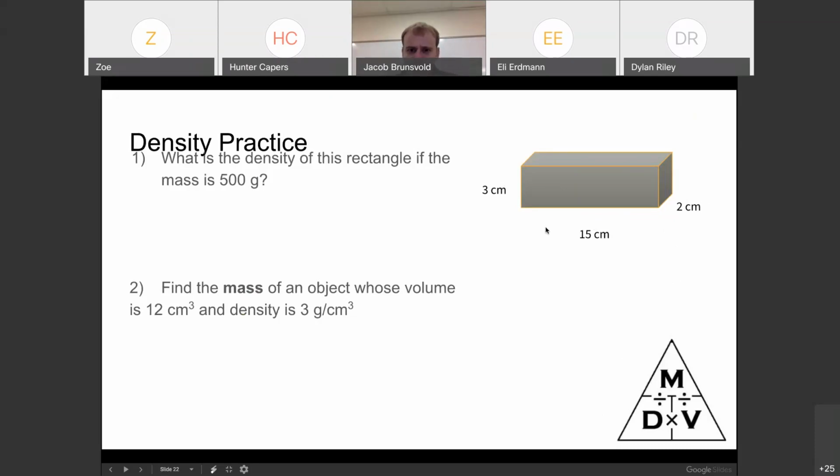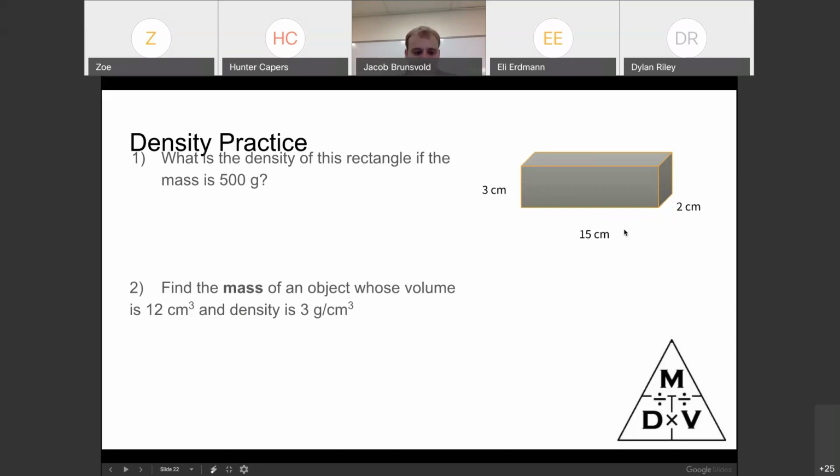Okay, people keep getting 5.5 repeating. Okay, so the mass is 500. The volume, if I take 3 times 15 times 2, well, 3 times 15 is 45, 45 times 2 is 90.